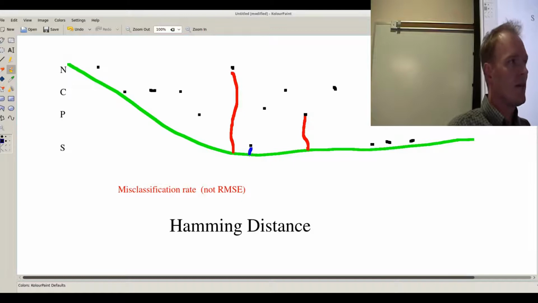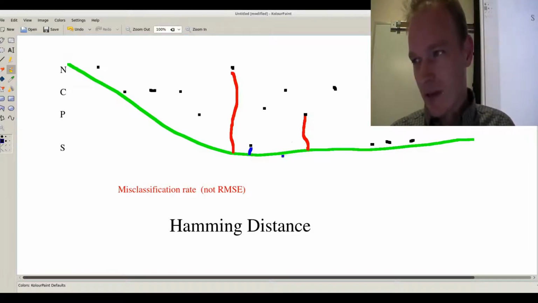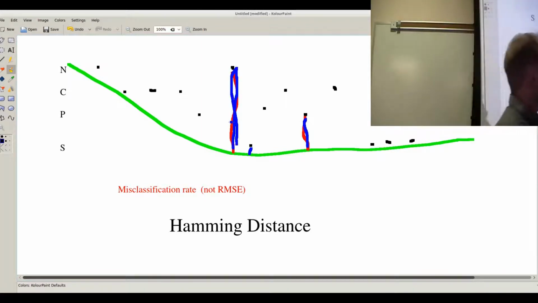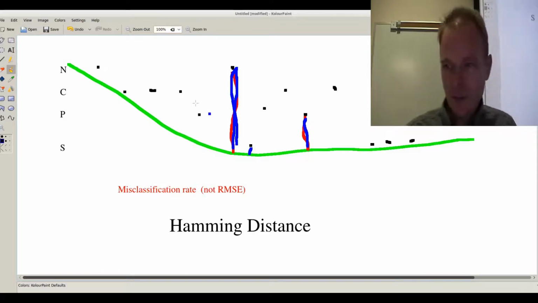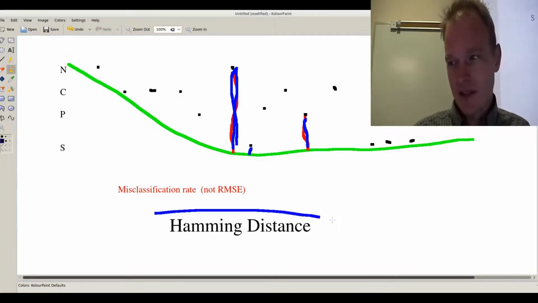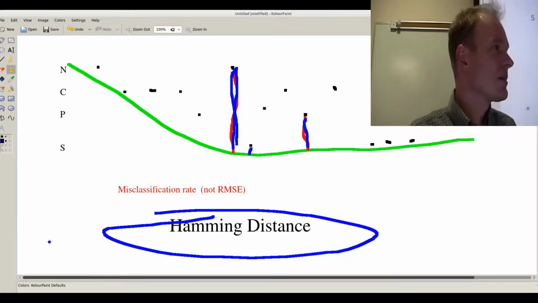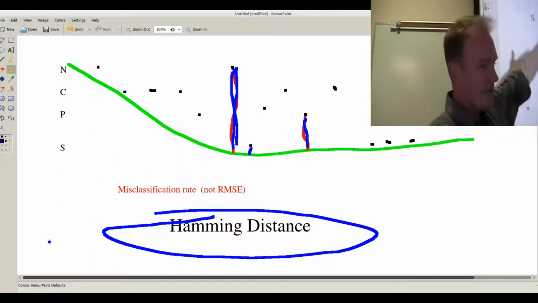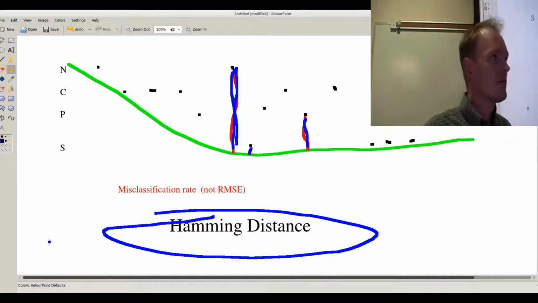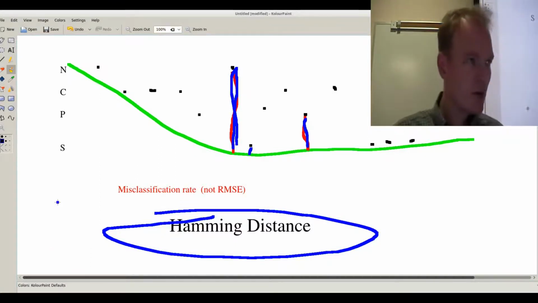That makes sense, right? And Hamming says if you're wrong, your distance is 1. So that is a distance of 1, and that is a distance of 1. And we're going to claim that's fair because these categories, as far as the neural network knows, have no meaning. They're all just different concepts. So when would one use Hamming distance? Basically, whenever you have categorical values, you use Hamming distance. And when you have continuous values, you use Euclidean distance.